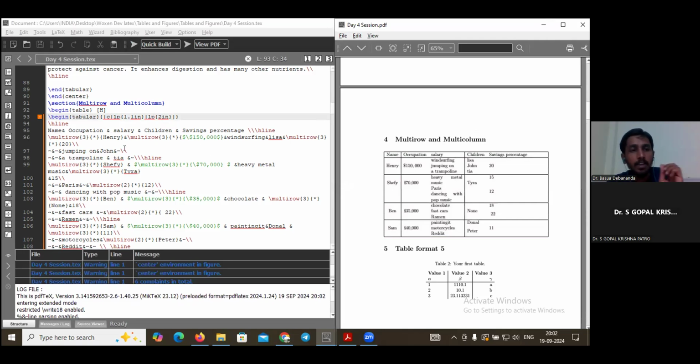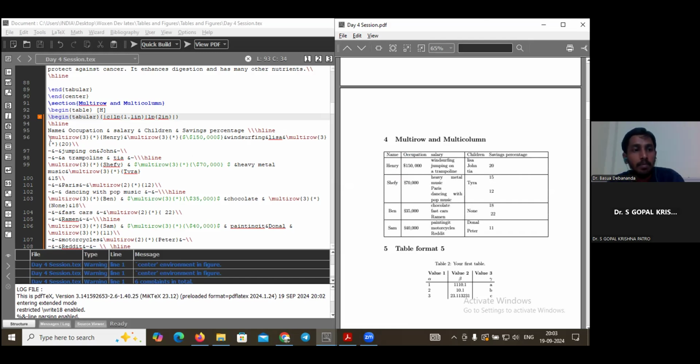It's the same thing for the horizontal line. You have to write \hline and the names, separated by ampersand. Again, these all will be separated by ampersand. For getting the next line, you have to type double slash, then \hline. Now we come to this row, which will be divided into 3 rows.